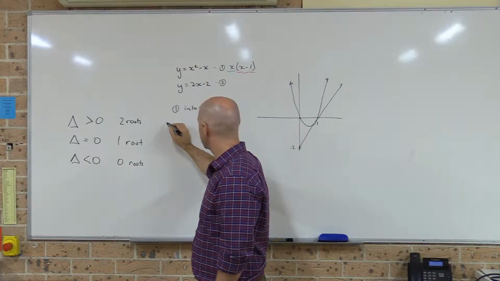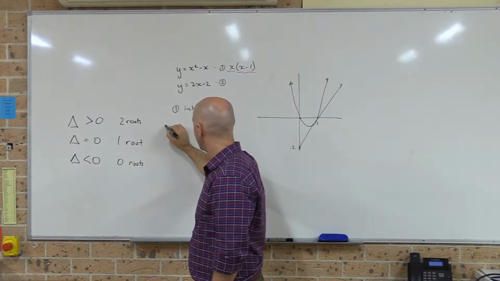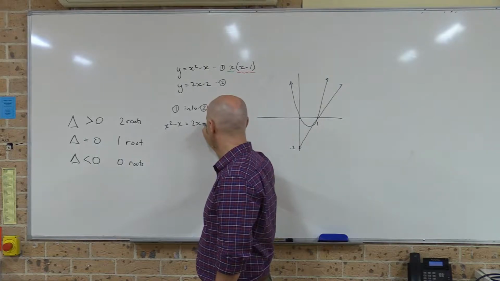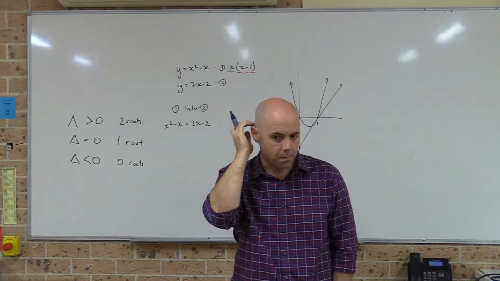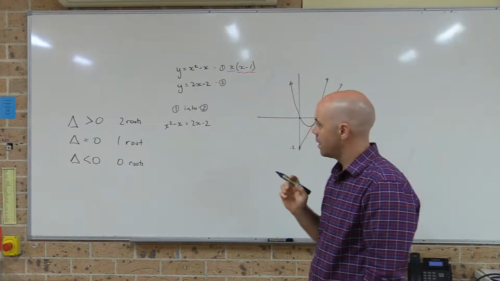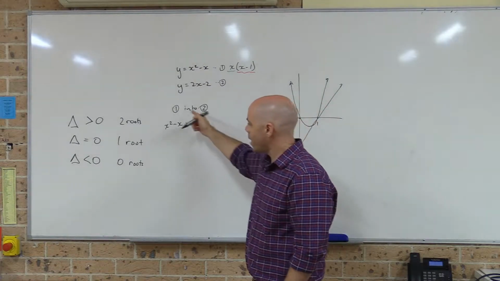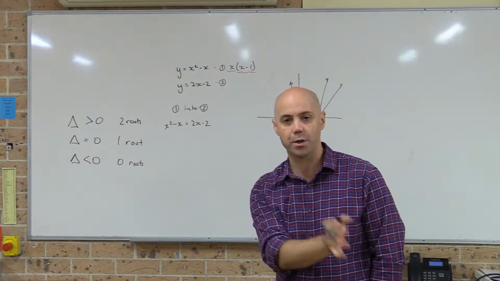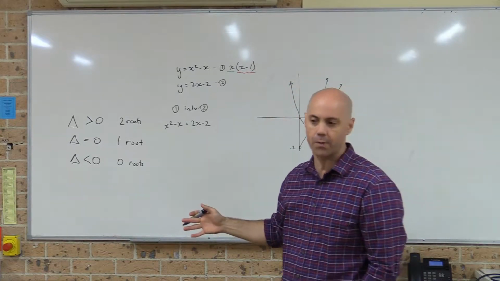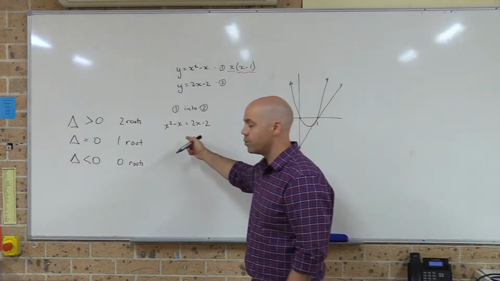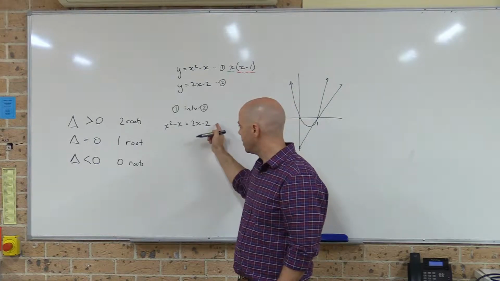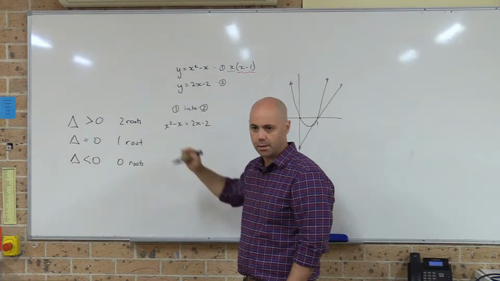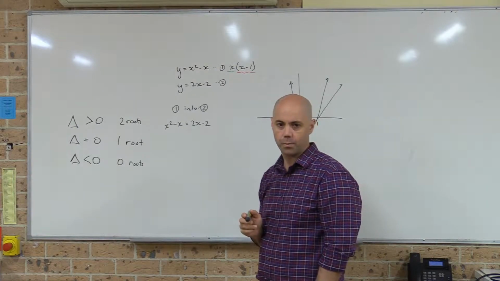And I'll get x squared minus x equals 2x minus 2. And then from that, I can rearrange that into a quadratic equation on one side equal to 0 on the other side. How will I do that? How will I move the information on the right-hand side onto the left and make it equal to 0?